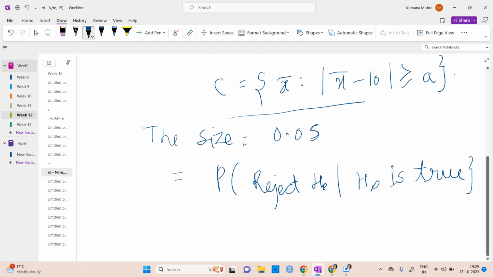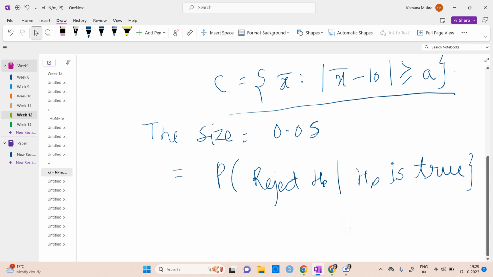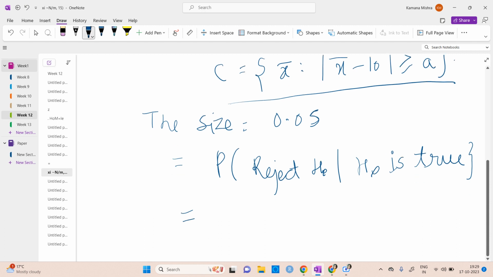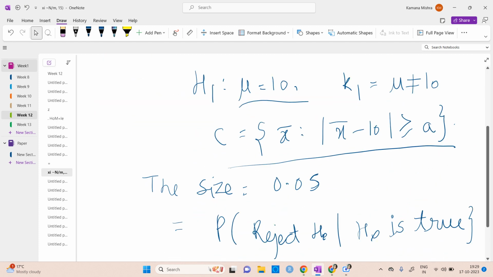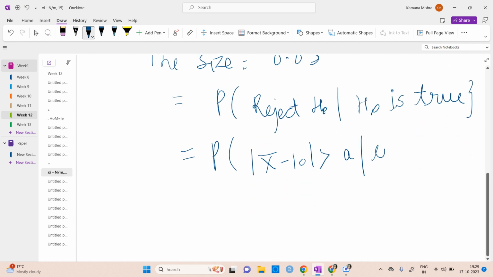So this is the rejection region. So it would be the probability that x bar minus 10 is greater than A, and the null hypothesis is true, which means mu is equal to 10. So mu equal to 10 would be the null hypothesis.